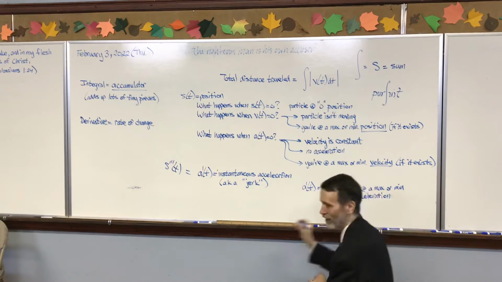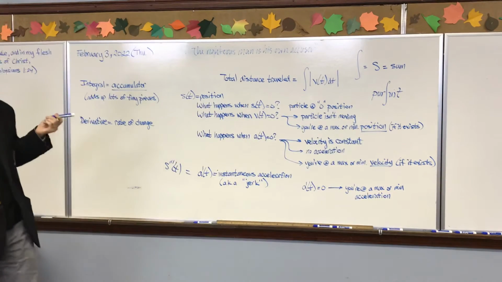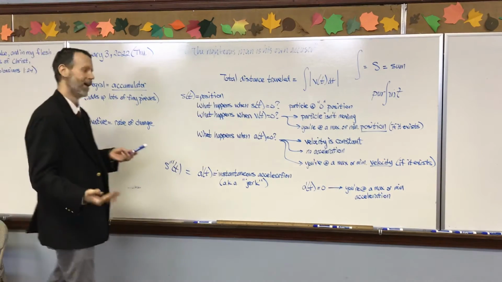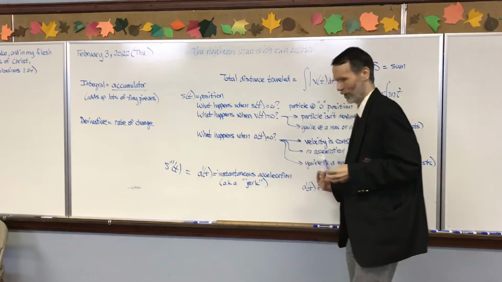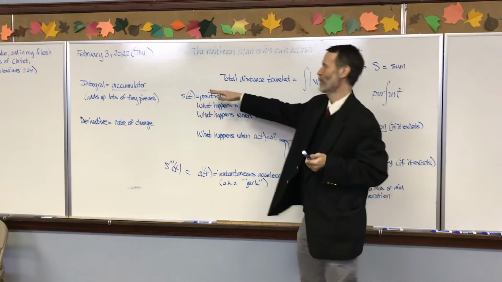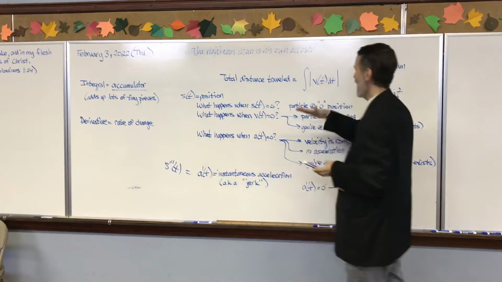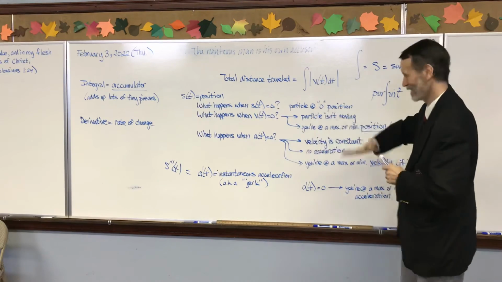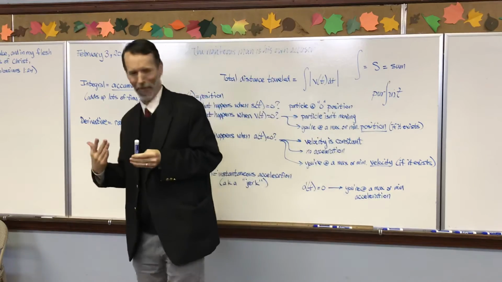If you ever need to find the maximum or minimum acceleration, you have to go one step further and take the derivative of the acceleration, set it equal to 0. To get a max or min of anything, take its derivative and set it equal to 0. If you want the maximum position, take the first derivative, set it equal to 0. If you want the maximum velocity, take the second derivative and set it equal to 0, and so on. Does that make sense? So there's a pattern going here.